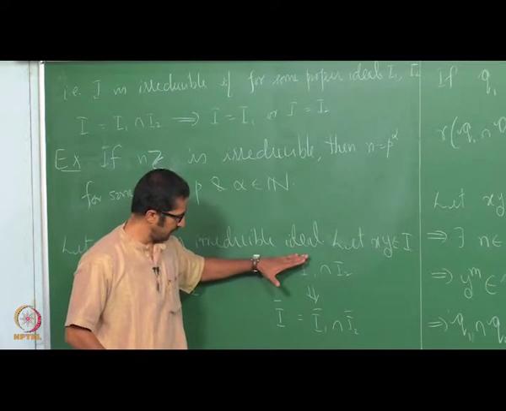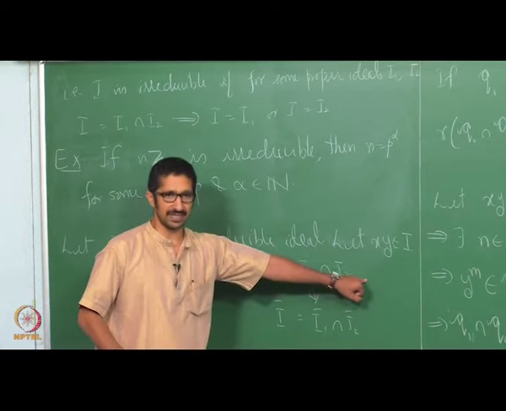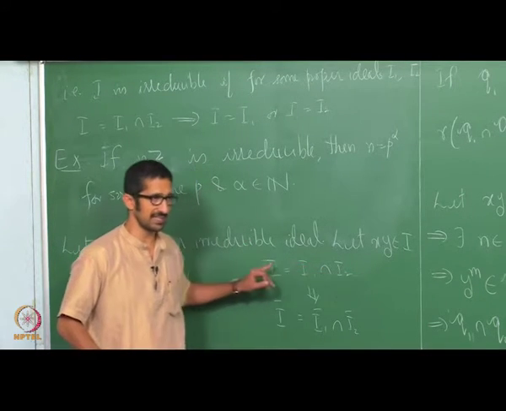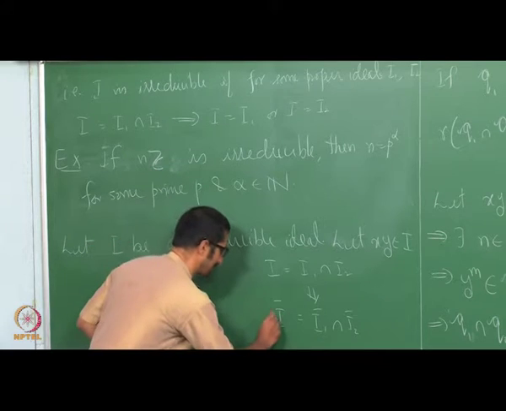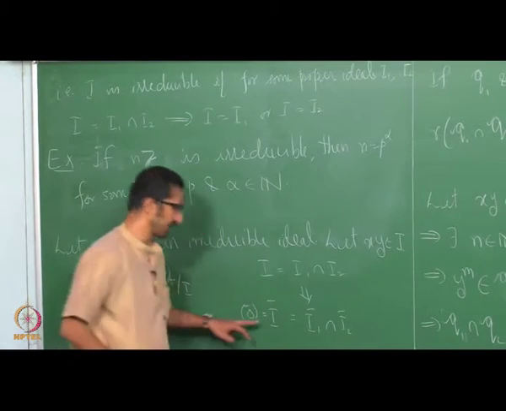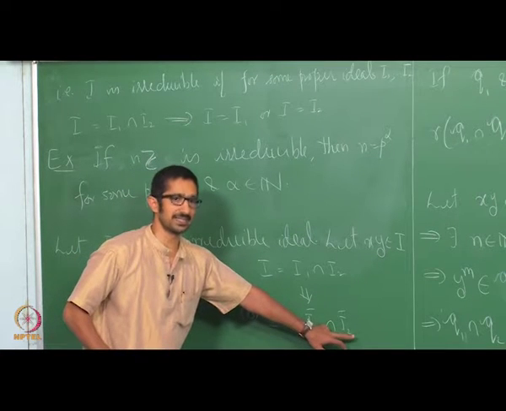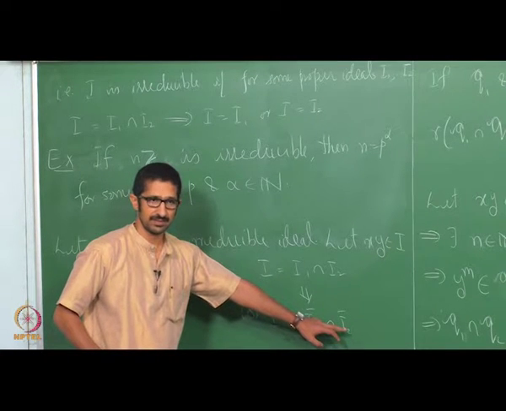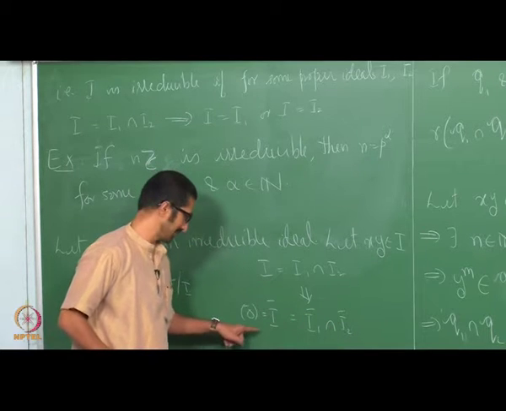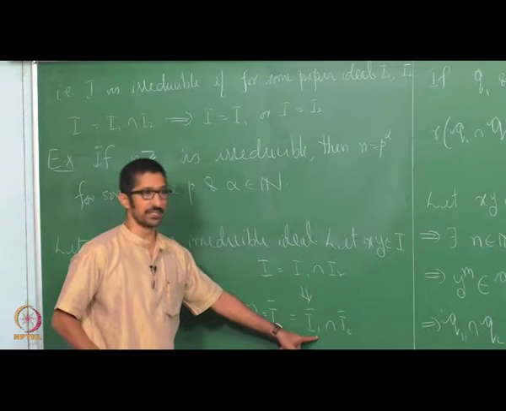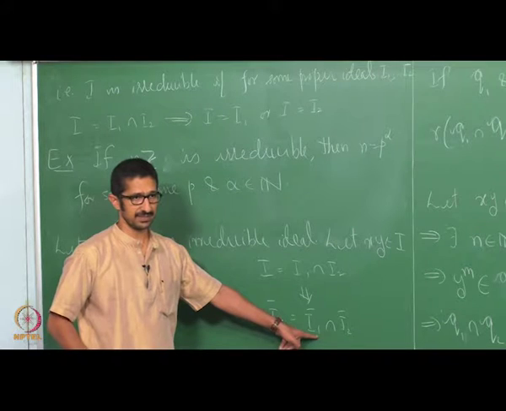Now look at this equation in A mod I. In A mod I, I bar is 0 bar, and 0 bar can be written as I1 bar intersection I2 bar. That means 0 is reducible in A mod I.